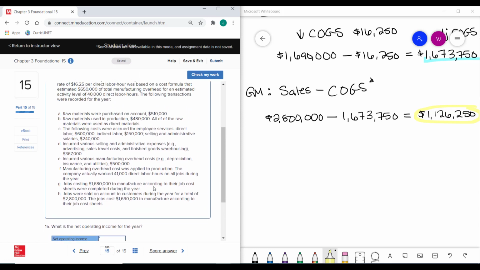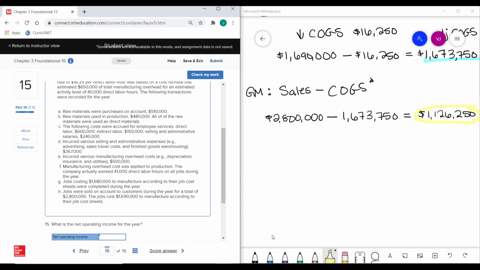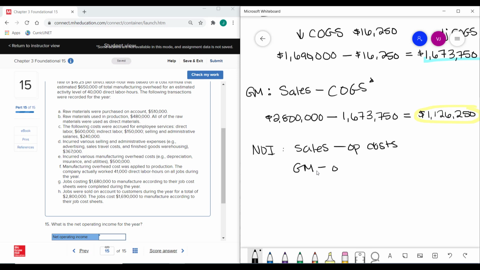Last one. What is the net operating income for the year? So remember, net operating income is just revenues or sales minus all of our operating expenses. They don't give us any non-operating expenses like interest expense here, so we're only going to be able to calculate net operating income anyways. So your net operating income is just going to be your sales minus all of your operating costs, or in other words, your gross margin minus your other operating costs, because for the gross margin we already subtracted one major operating cost, right?